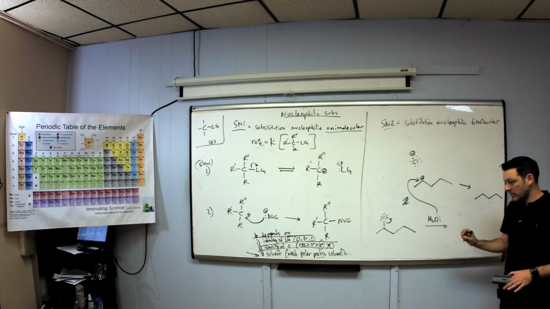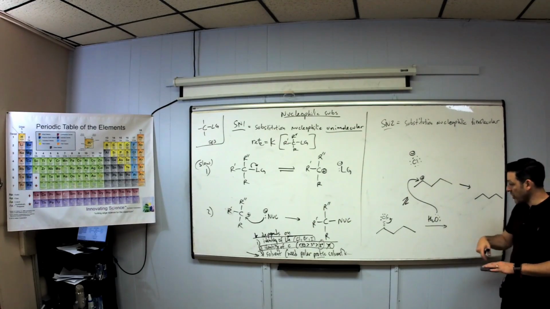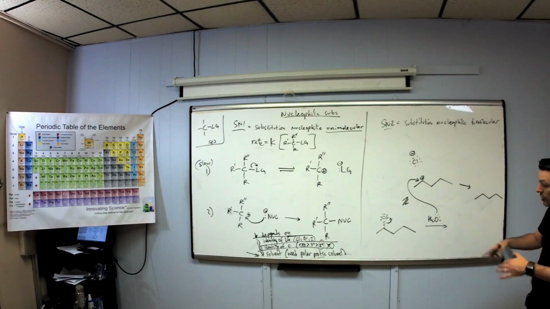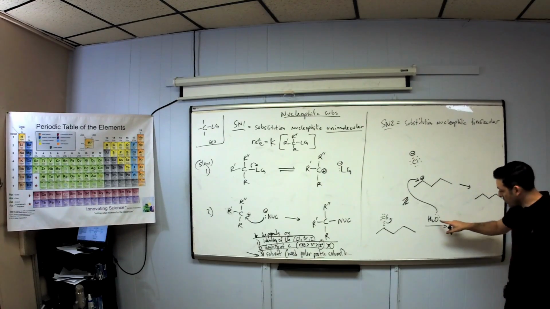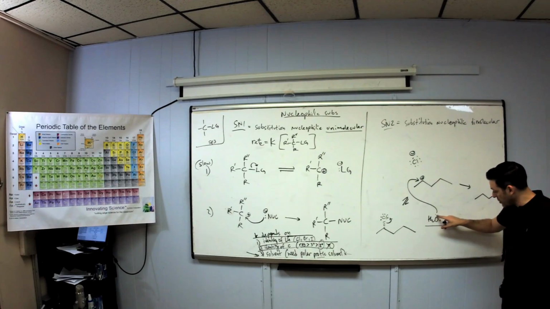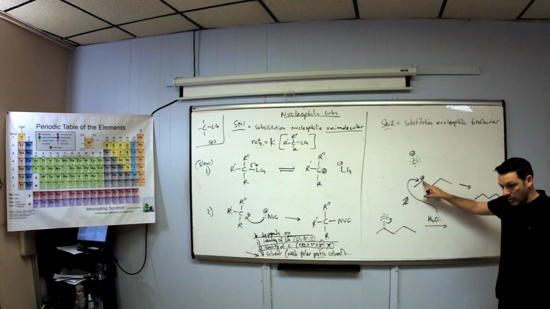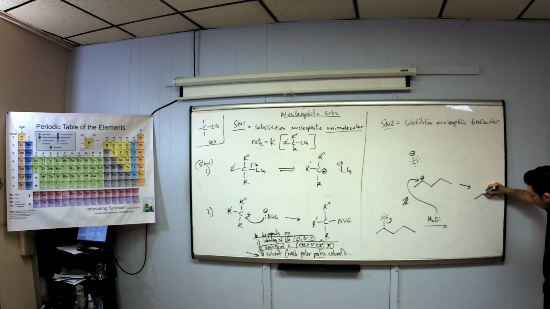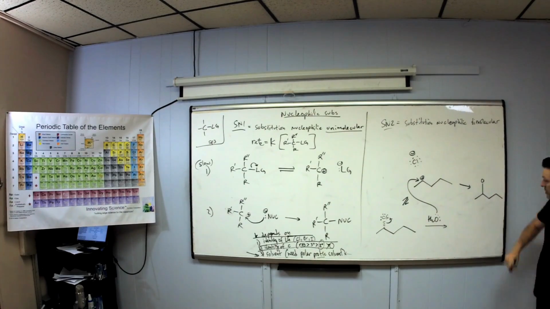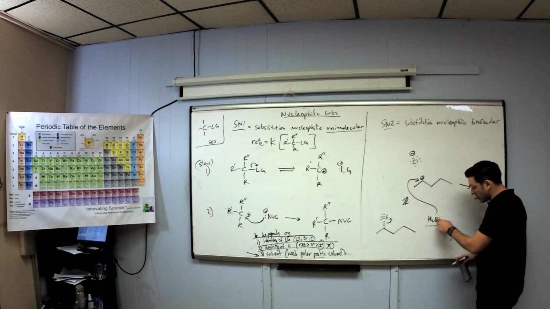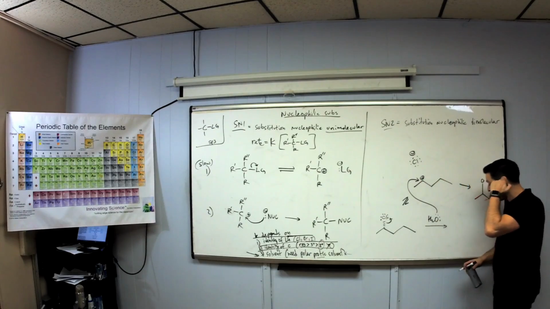Just like resonance, when I push arrows, nothing disappears, electrons just move. What that means right now is this oxygen will use this lone pair to connect to that carbon. So from that carbon, I draw a bond to the oxygen. That's what this is saying. This oxygen is using the lone pair to connect to that carbon.